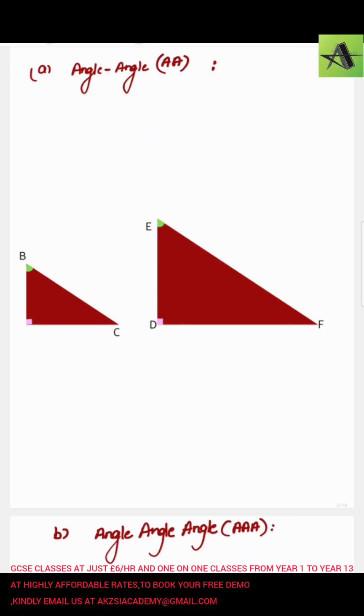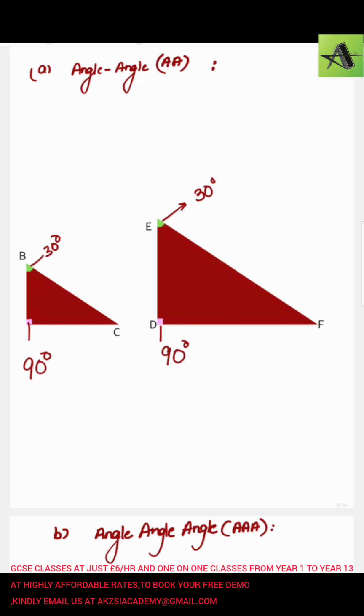How? Say, for example, this one is 90 degrees and this one is 90 degrees. So we have proved that both corresponding angles are equal. Similarly, if we have proved that this one is 30 degrees and this one is 30 degrees as well.